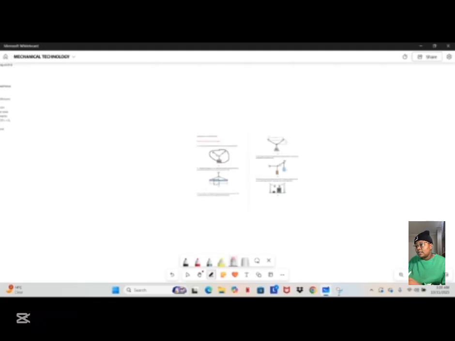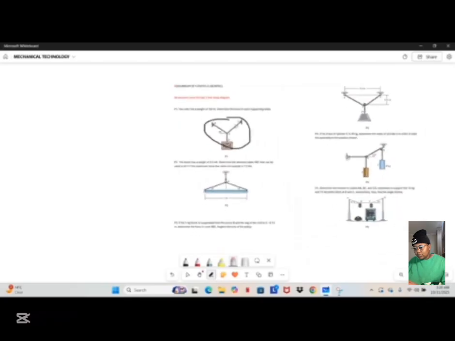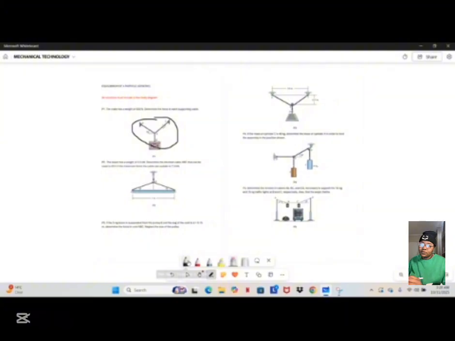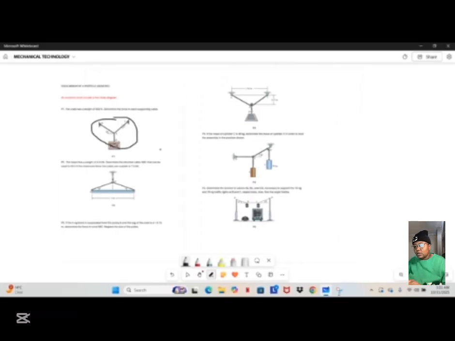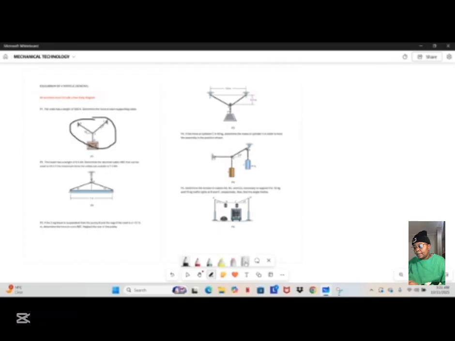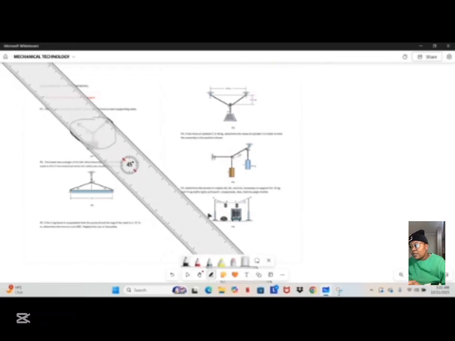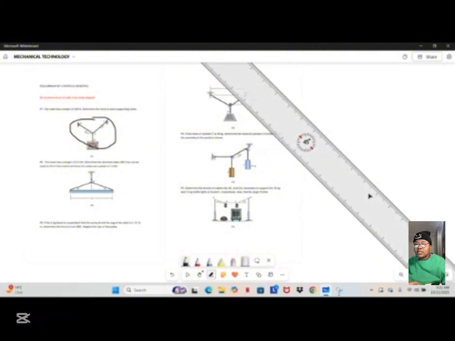Okay, right. So we have to remember rule number 1, which is to draw the free body diagram. So we have to draw the free body diagram representing all the forces acting on this system.